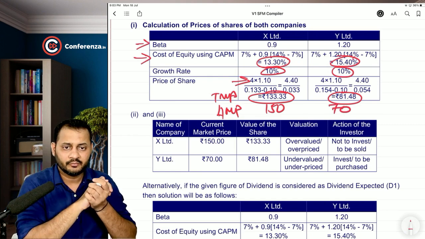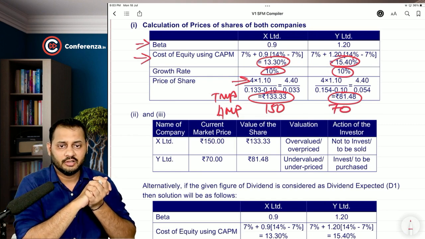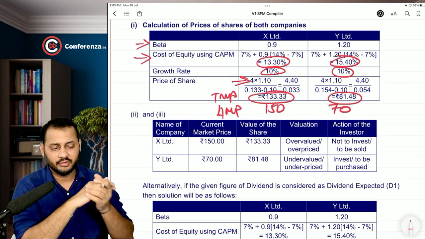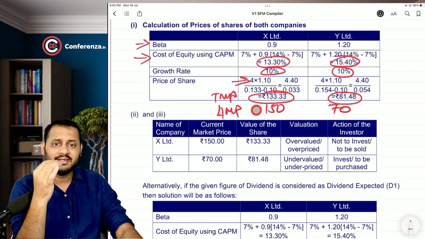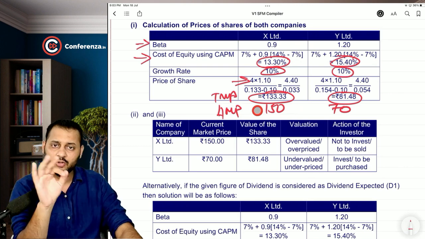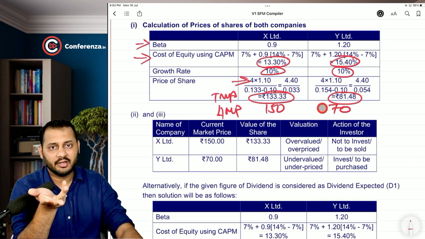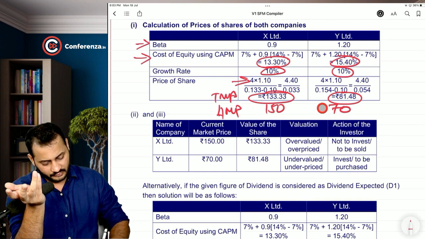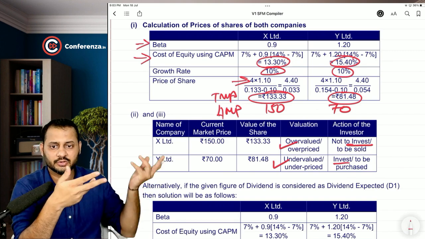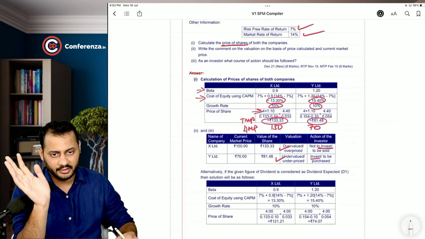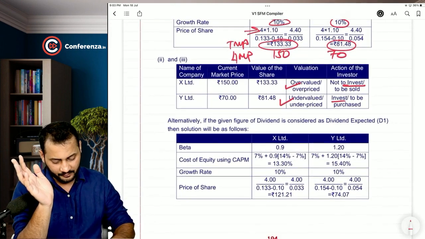Now tell me, which share is overvalued? It's very easy, sir. 133 should have been the price. It is 150. Higher, overvalued. This is lower, 70. Undervalued. Overvalued, undervalued. Not to invest and invest. Undervalued share should be purchased. Overvalued share should be sold in the market. See.